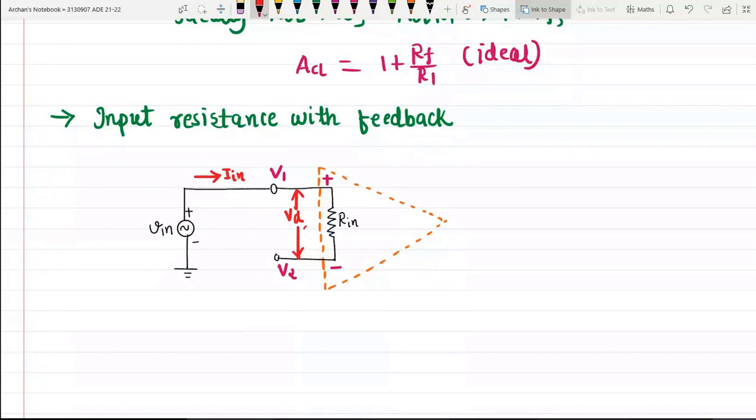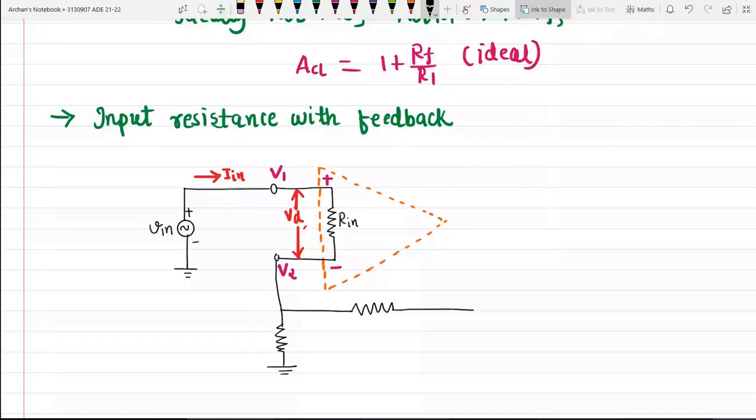Talking about the inverting terminal, we are providing feedback resistance, and resistance R1 is also connected and grounded like this. Then we will have the feedback resistance in this manner.